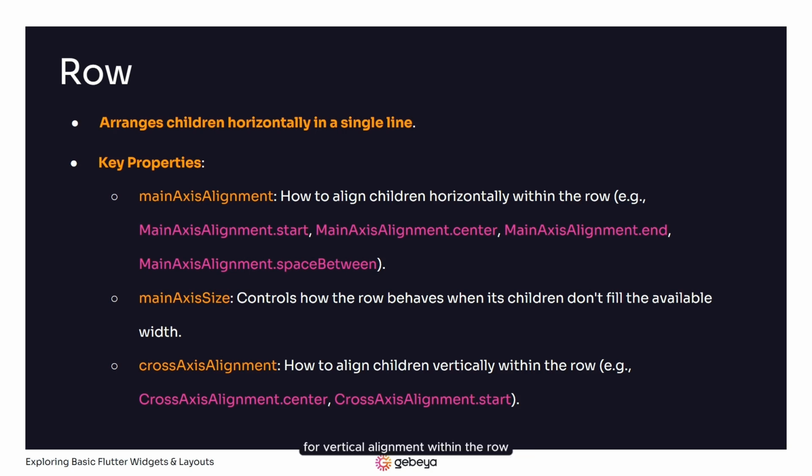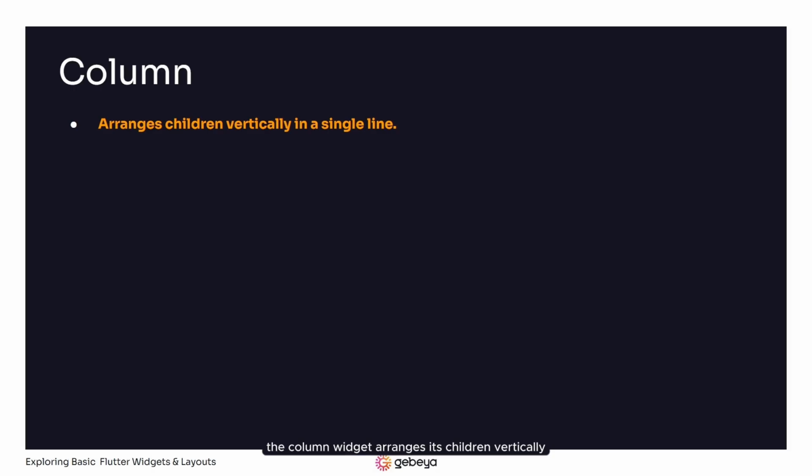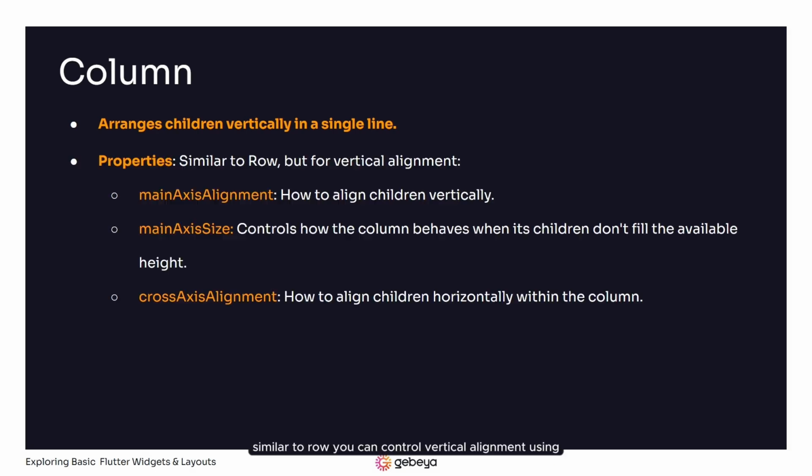For vertical alignment within the row, you can use the crossAxisAlignment property. The Column widget arranges its children vertically in a single line. Similar to Row, you can control vertical alignment using mainAxisAlignment and horizontal alignment within the column using crossAxisAlignment.